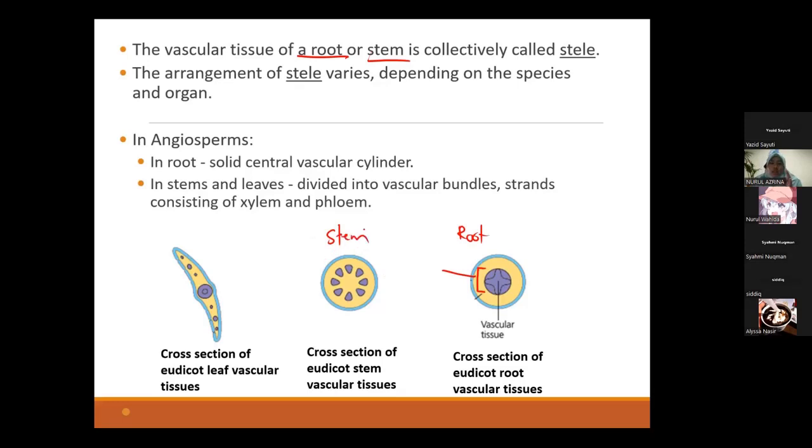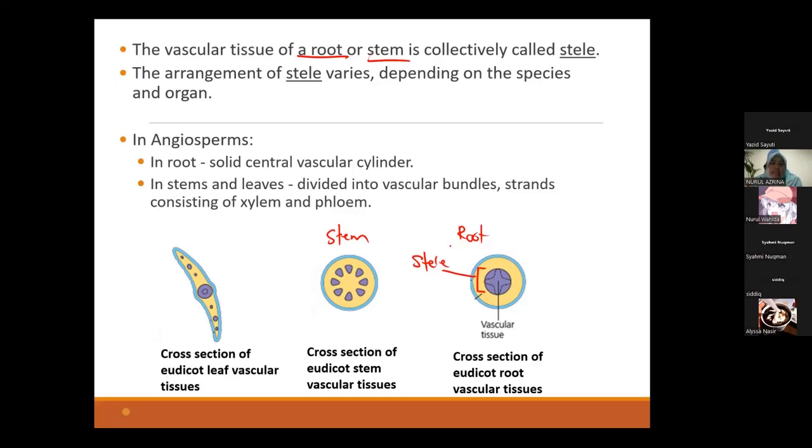So you must be able to look and know, oh this is root. Look, and you know, oh this is stem, right? By looking at the structure and distribution of the vascular tissue. Okay, right. So the vascular tissue in root or stem is called stele. So this we call stele. Okay, where the xylem and phloem are, we call that stele.